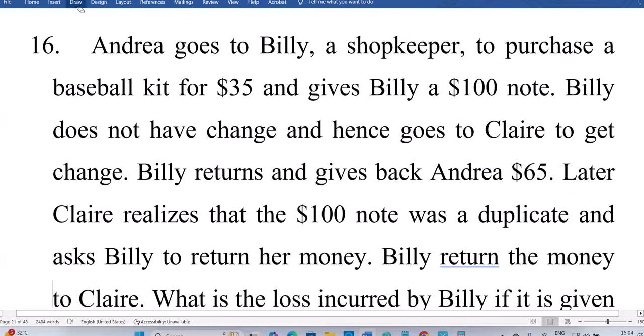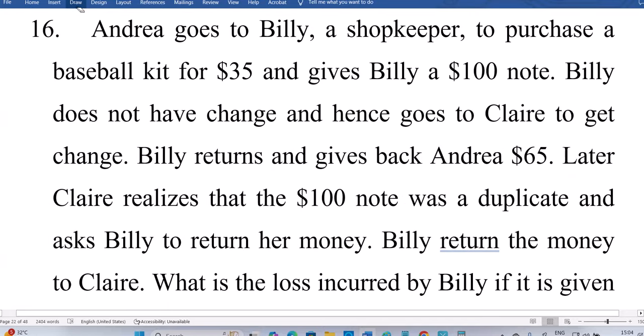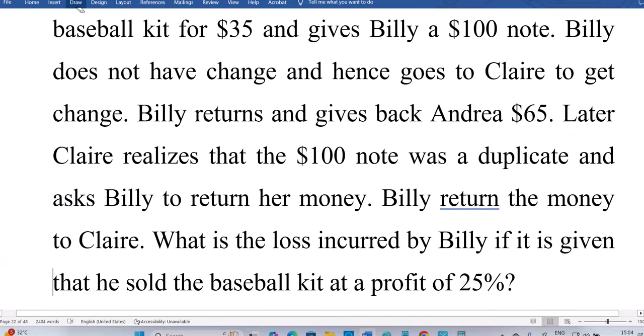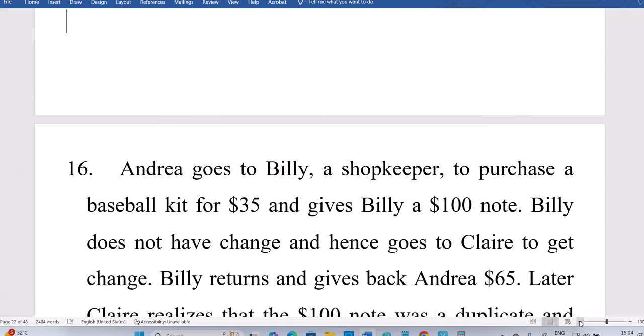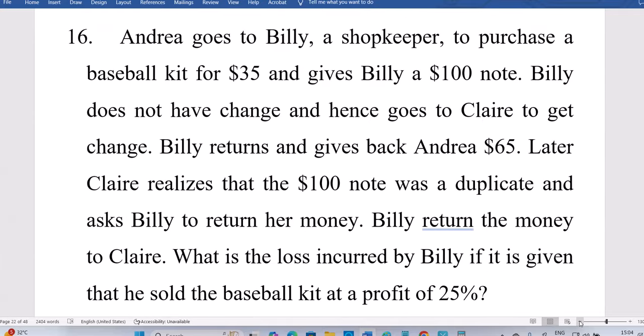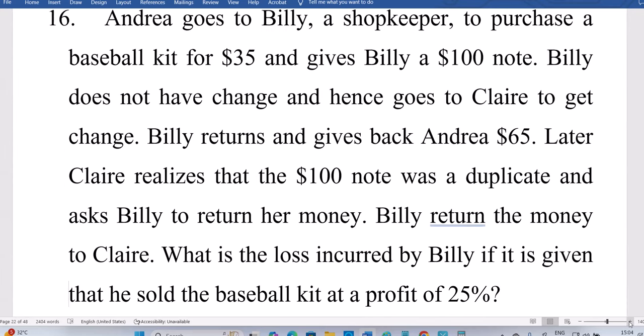Yes. Now this question. Everyone try to read the question carefully. It's a simple question which we people already know, a routine one.